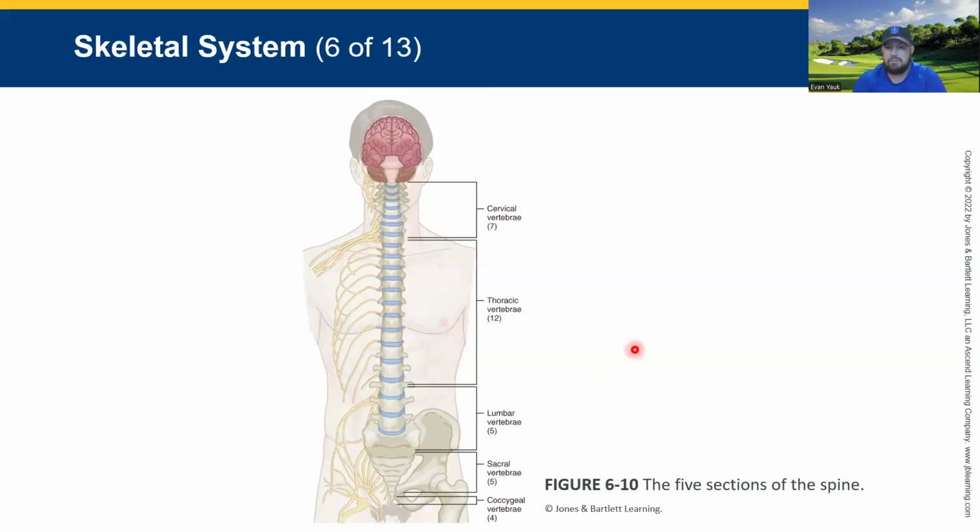The way my instructors taught me was it's breakfast, lunch, and dinner, and then 5 and 4. So we've got cervical is 7, breakfast, right? 7 o'clock. Thoracic is lunchtime, it's 12. Lumbar is supper time, it's 5.